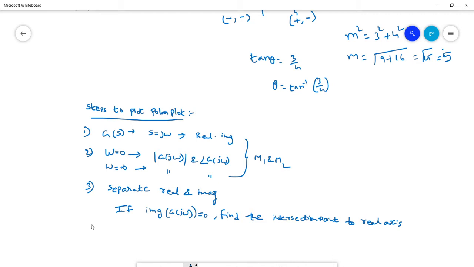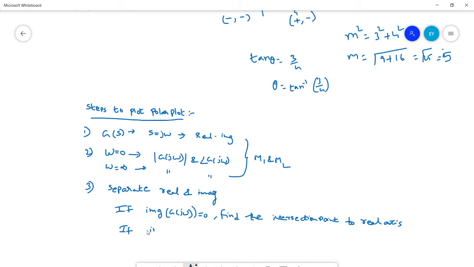Okay. Next, once this is done, we can take it as a fourth step. Once you separate this, you need to calculate the imaginary part first. If the imaginary part of G of j omega is 0, then find the intersection point at the real axis. Similarly, I think you can merge this into the same point. Okay.